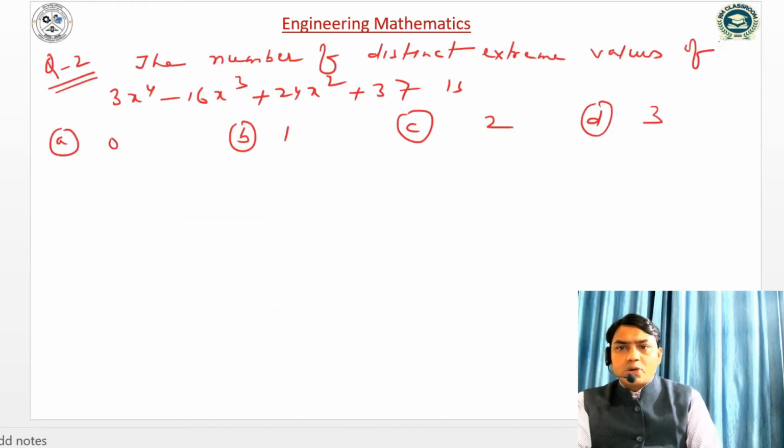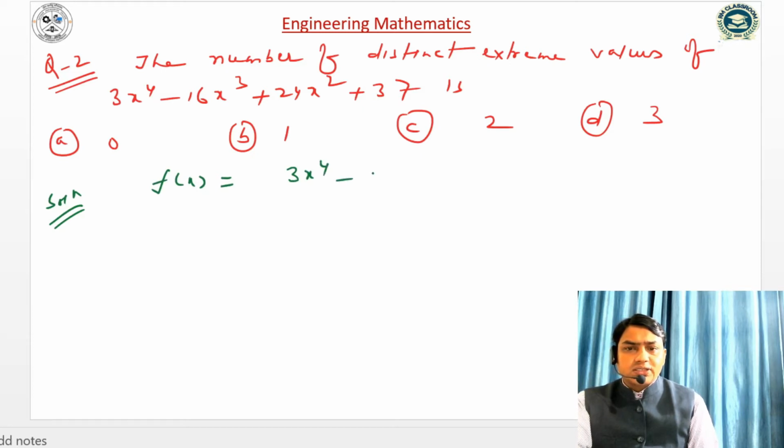Let us take another problem. The number of distinct extreme values of 3x4 minus 16x cube plus 24x square plus 37 is. So different extreme points we have to find. So f(x) is equal to 3x4 minus 16x cube plus 24x square plus 37.